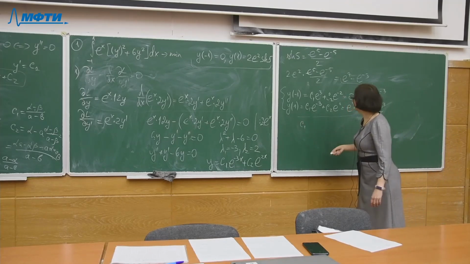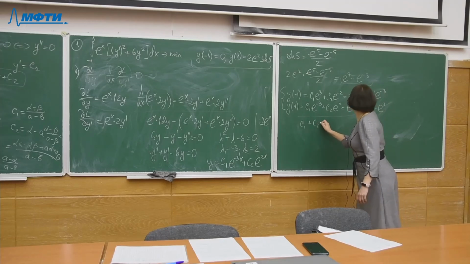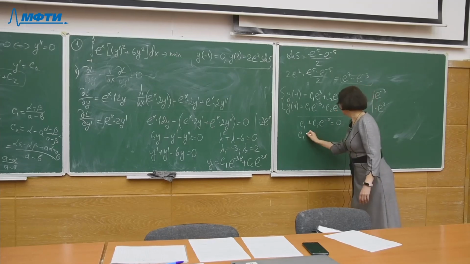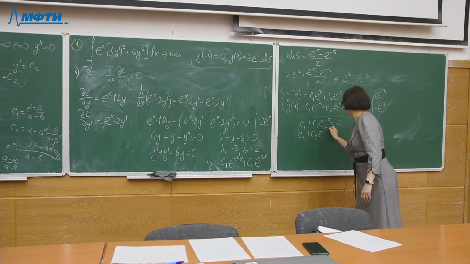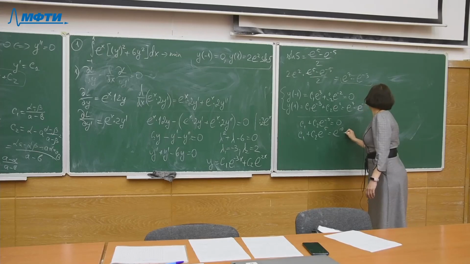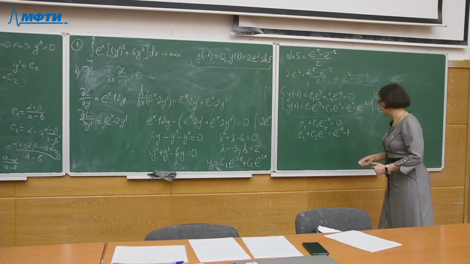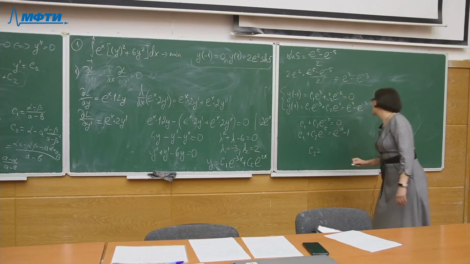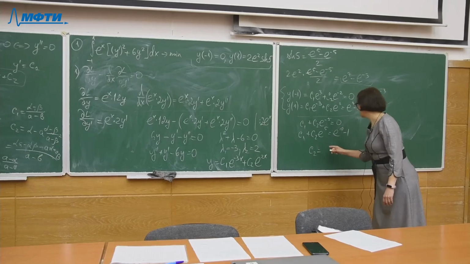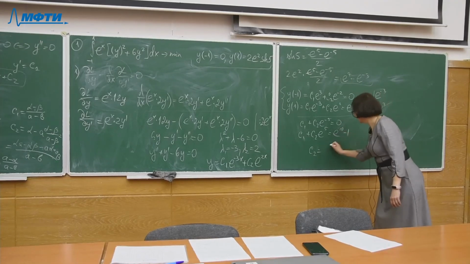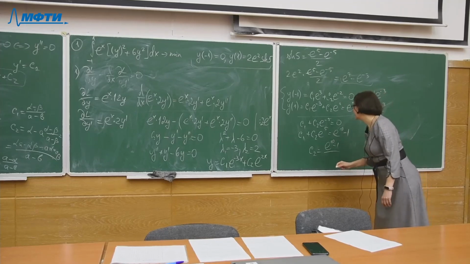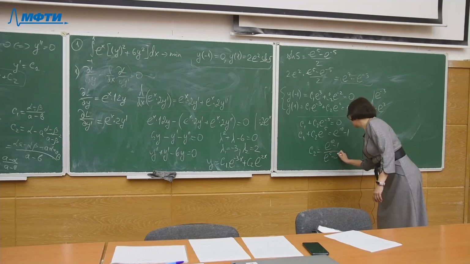So we get c1 plus c2 e to -5 equals 0, and c1 plus c2 e to 5 equals e to 10 minus 1. Then subtract, and we will get c2 equals e to 10 minus 1 over e to 5 minus e to -5.